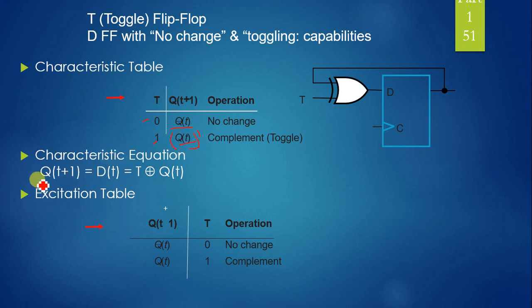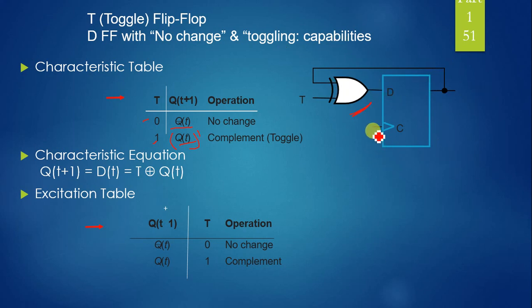And the characteristic equation for the next state, Q of t plus 1, is given by D of t, which is equal to T XOR Q of t. This is what is given in this particular diagram.